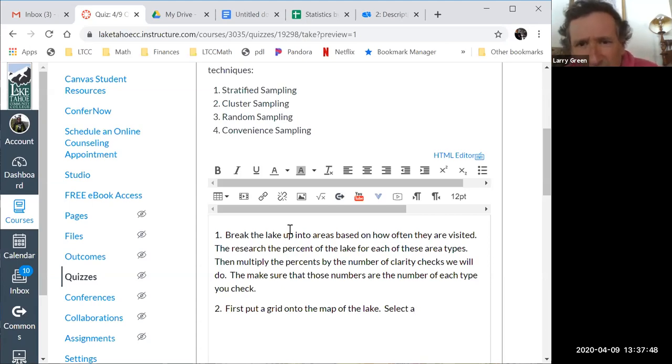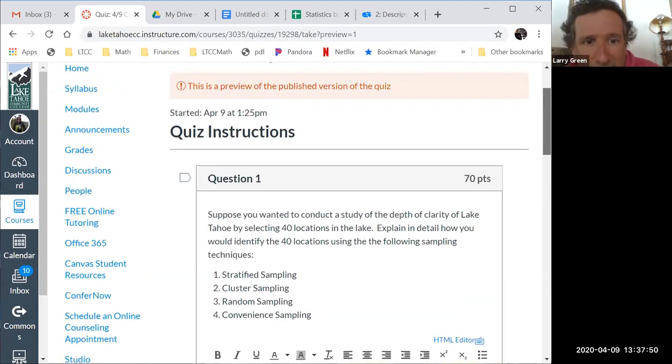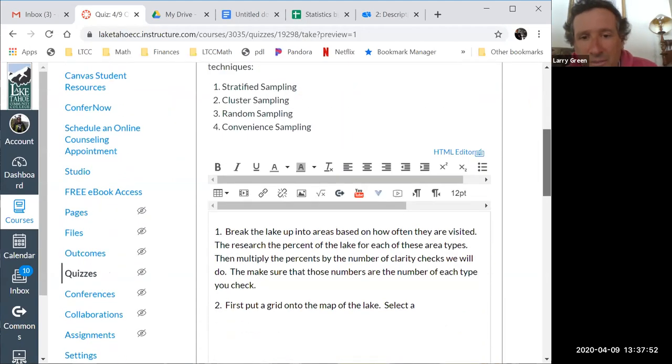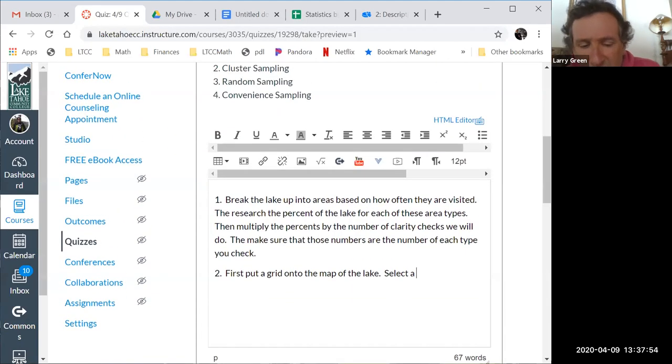I'm trying to remember if I told you how many you had to sample. Let's see, 40 locations. So maybe you're going to select 4 different grid areas from the lake that are representative.